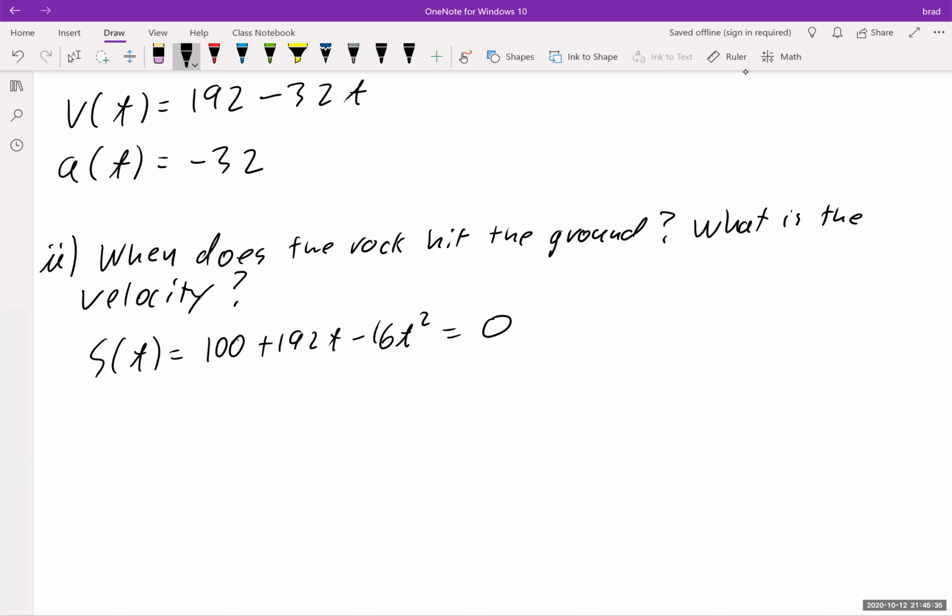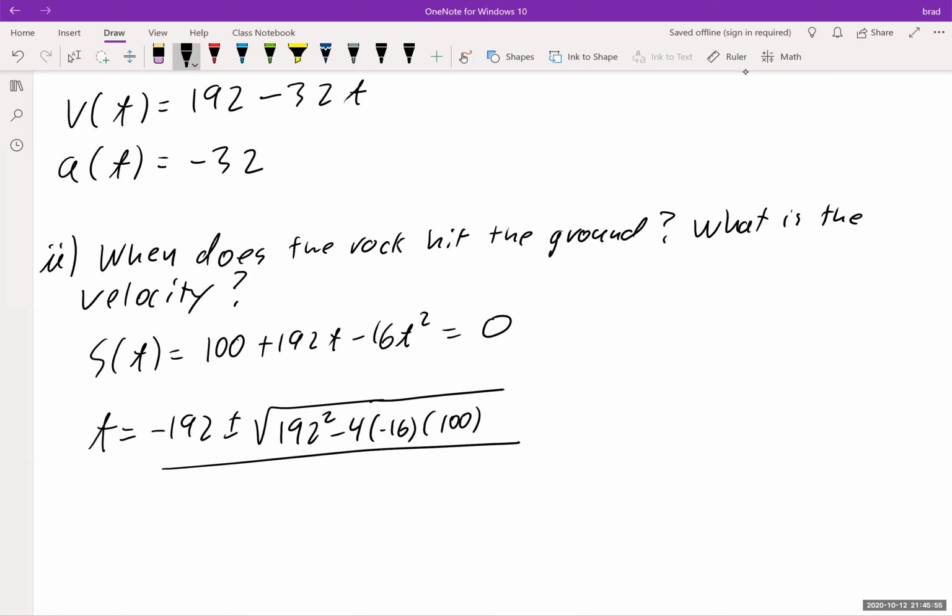You know what? I'm just going to jump right into the quadratic formula. So I'm going to say t equals negative b, so negative 192, plus or minus the square root of b squared, which is 192 squared, minus 4 times a, which is negative 16, times c, which is 100, all divided by 2 times a, which is negative 32.